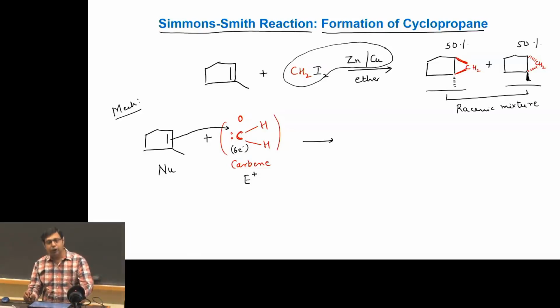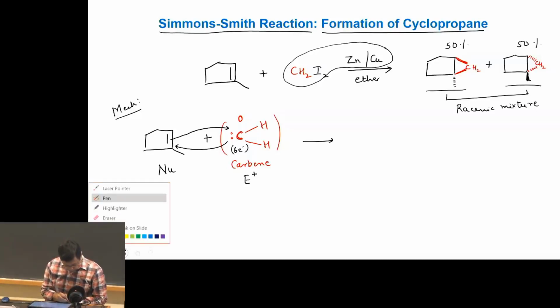So those pi electrons are donated to the carbene carbon. The carbene carbon now becomes negatively charged. That negative charge is donated back to the carbon of the double bond. Now this attack of the carbene on the double bond can happen from the top or from the bottom with equal probability.